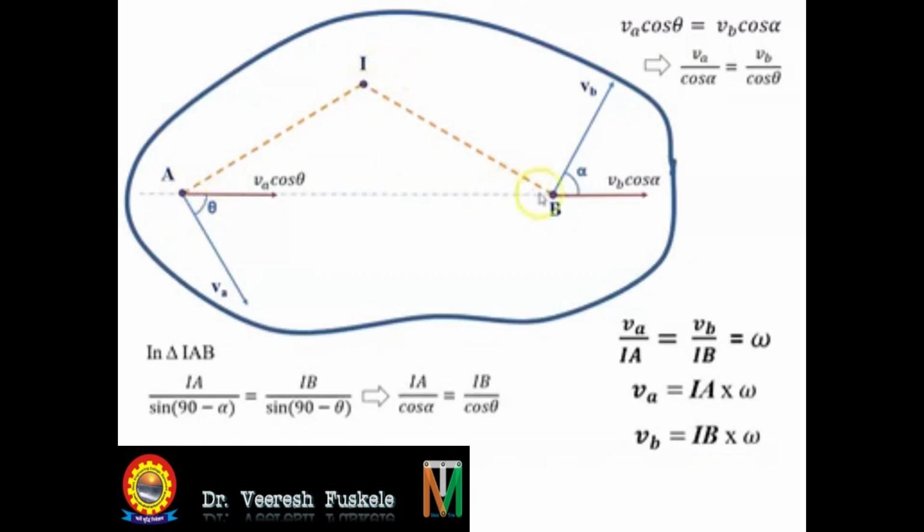Similarly, the velocity of B is perpendicular to IB. So the component of VB along BI is 0. So the velocity of I along BI is the same as the velocity of B along BI. So the velocity of I along BI is also 0. Thus, the velocity of point I is 0 along two directions, along AI and along BI.